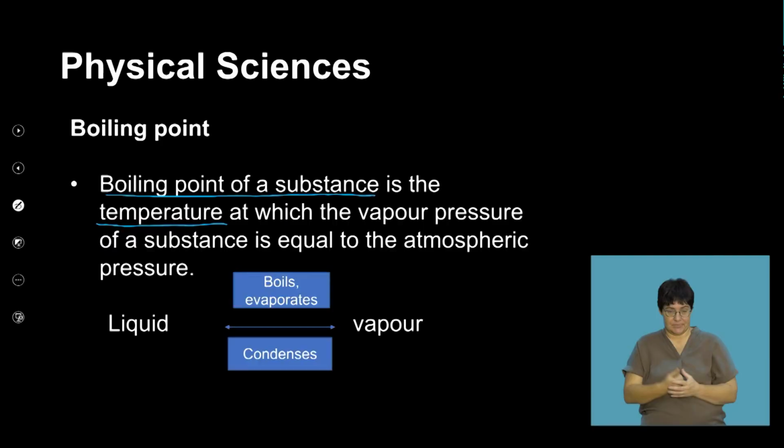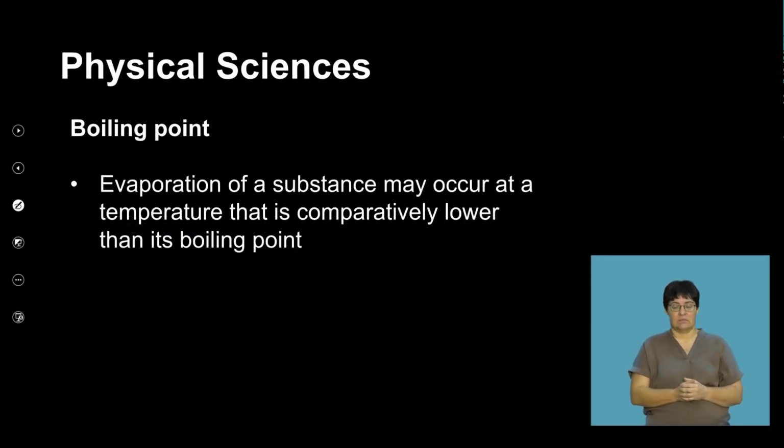Okay, now evaporation of a substance may occur at a temperature that is comparatively lower than its boiling point. Now, the key idea here is that this is a possibility. It does not follow that evaporation of a substance occurs at the boiling point. It can be lower. Why?